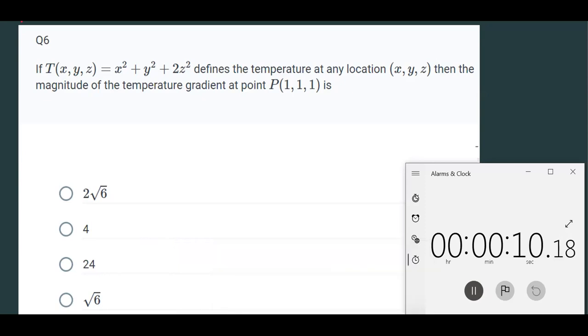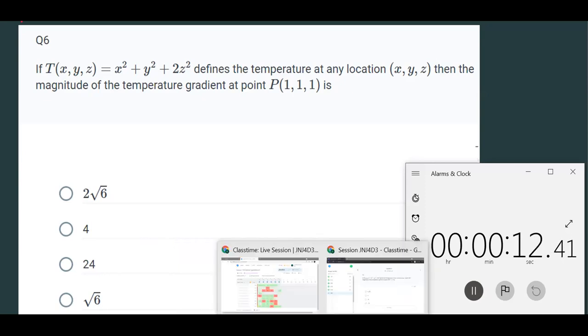Yeah. Students have started answering already. 2 of you have already answered.